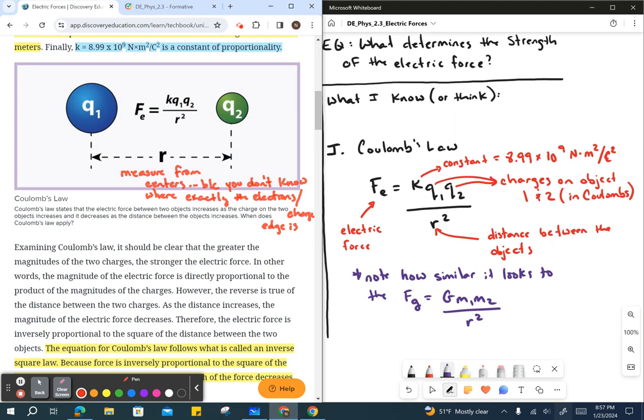So anyway, there's a lot of things that they mention here that you already know. The force electric is directly proportional.